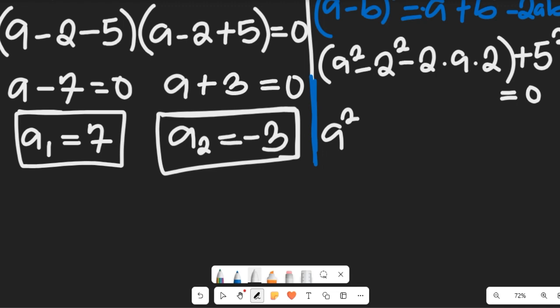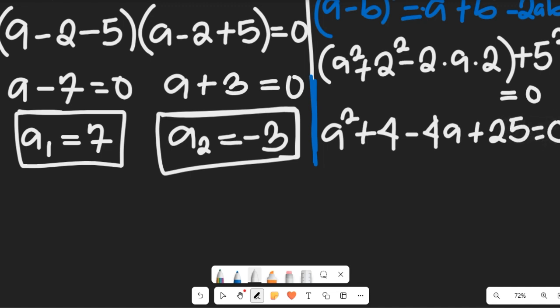Remember, this is going to be a plus sign, plus 4 minus 4a, and this will be plus 25, while this is equal to 0, right? From the initial expression given to us.